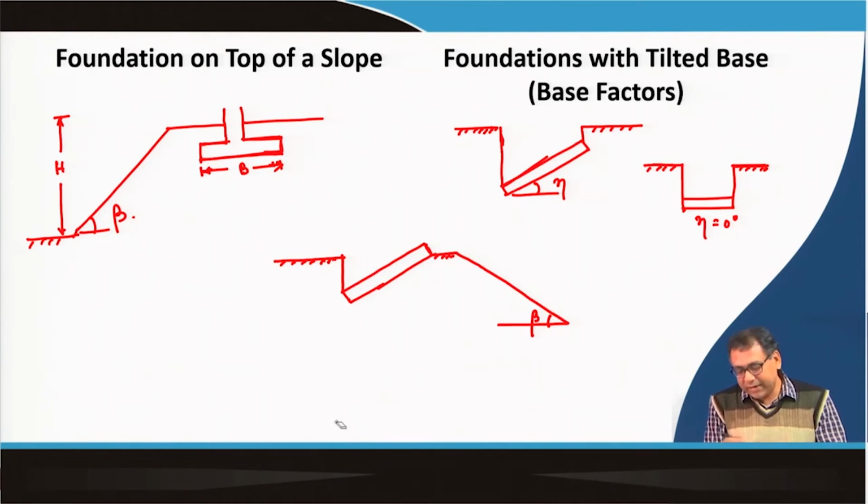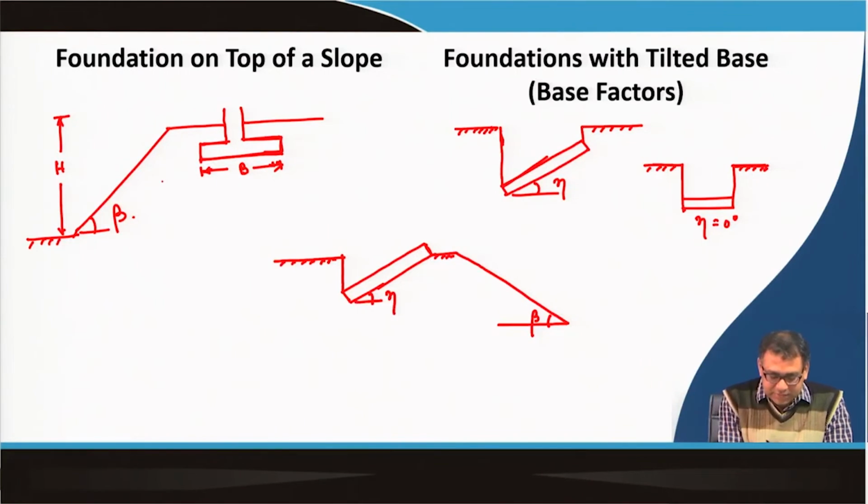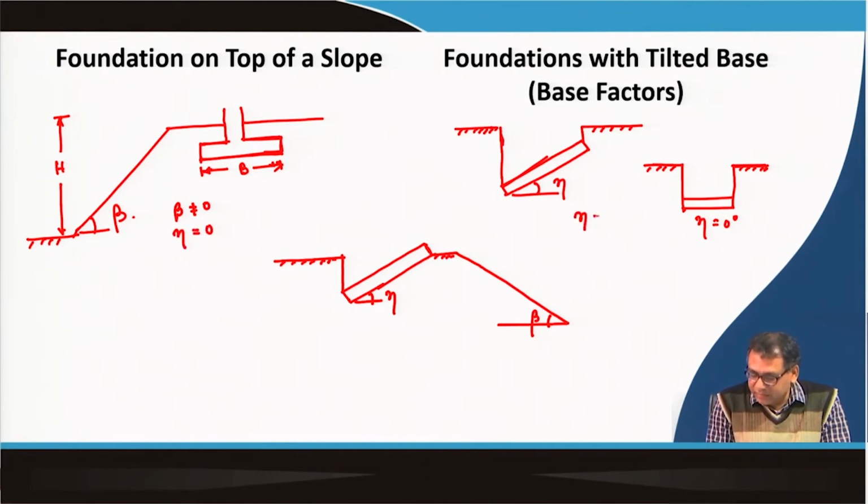So, different combinations are possible, with both eta and beta. In this case, beta is not equal to 0, but eta is equal to 0. In this case, eta is not equal to 0, but beta is 0.